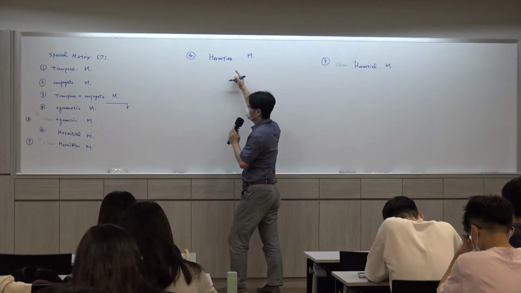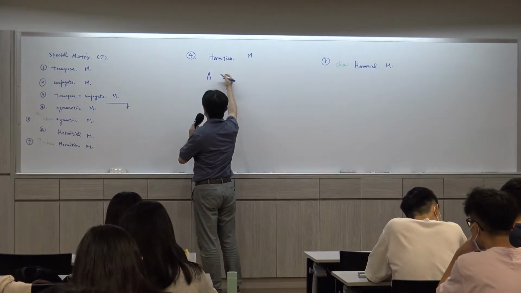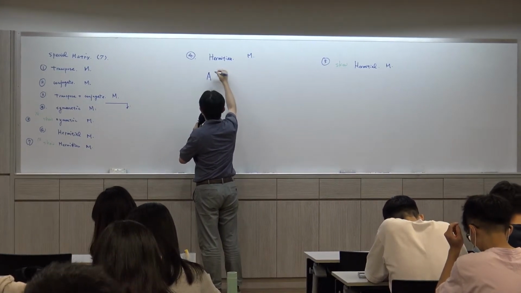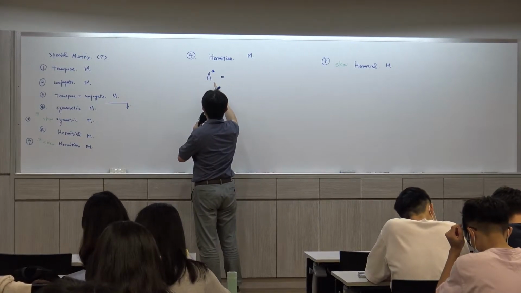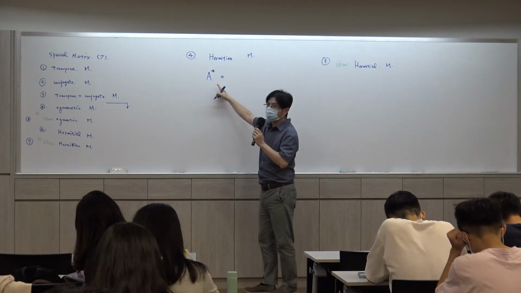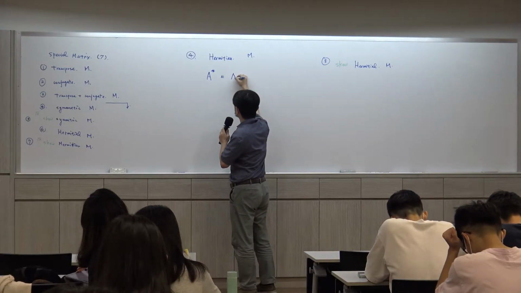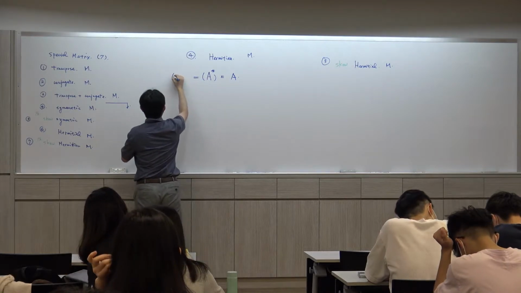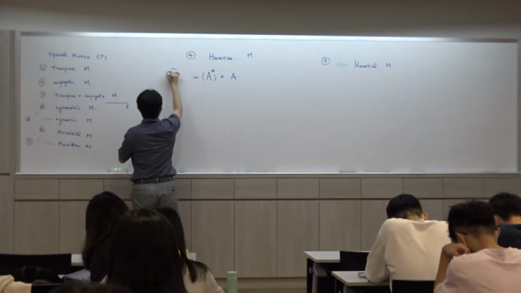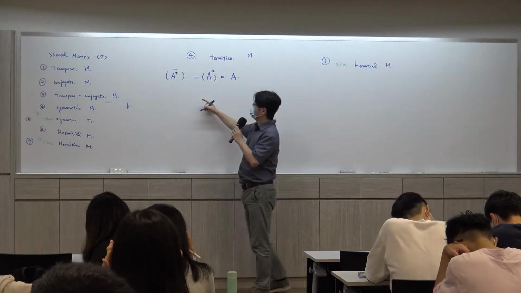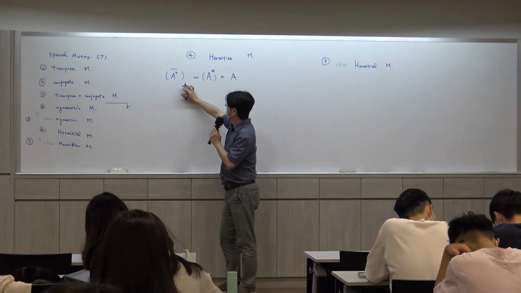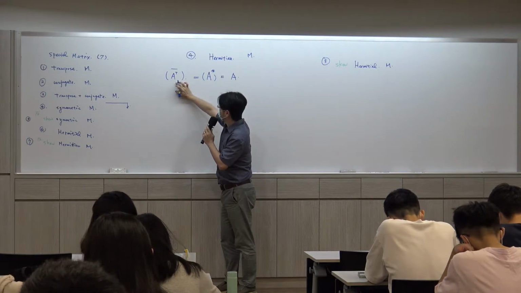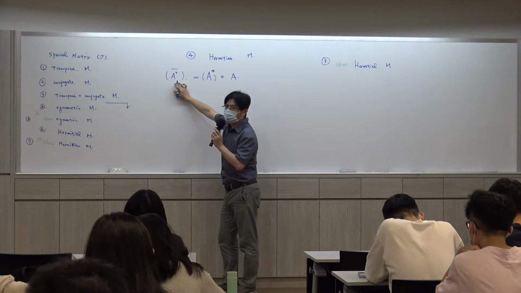The definition for the Hermitian matrix is that if the transpose plus conjugate matrix equals the original matrix, or you can describe the matrix with this format.